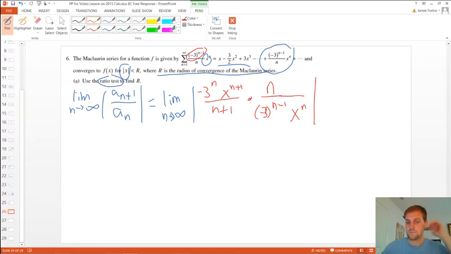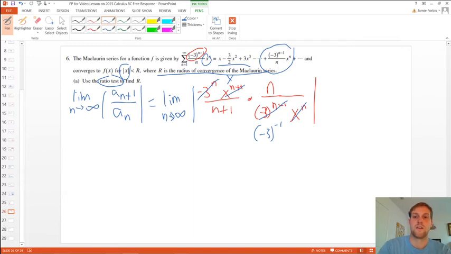Okay. Now it's still all going to simplify the same way here, like x to the n and x to the n plus 1 becomes x on top. -3 to the n and -3 to the n minus 1 becomes -3 to the negative first on bottom, which negative first power is just going to bring that -3 to the top.